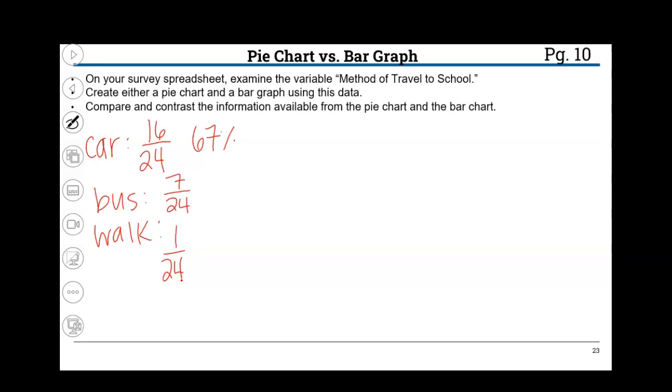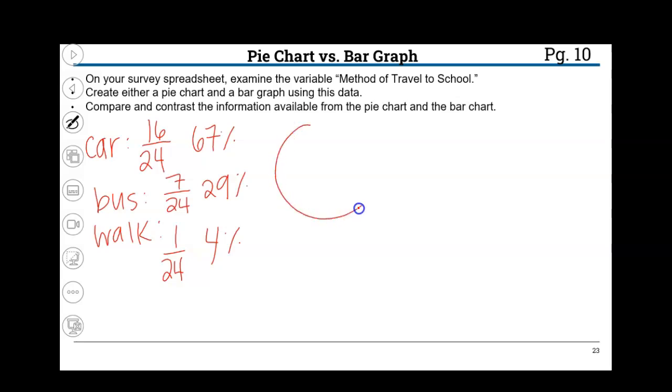Okay, what percentage was 7 over 24? How much? 29, thank you. Okay. And then 1 over 24? 4%. Okay, if I wanted to check my work, all these percentages should add up to what? 100. That's the whole 100%.